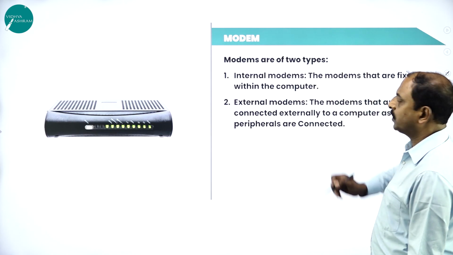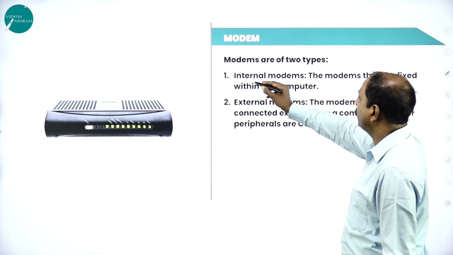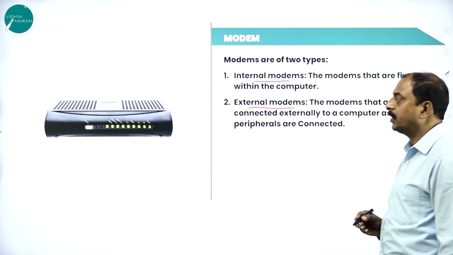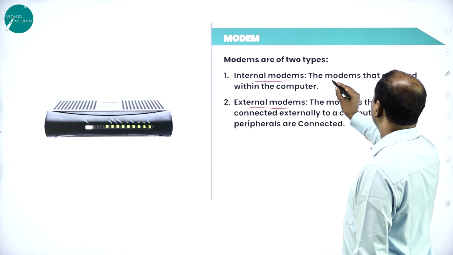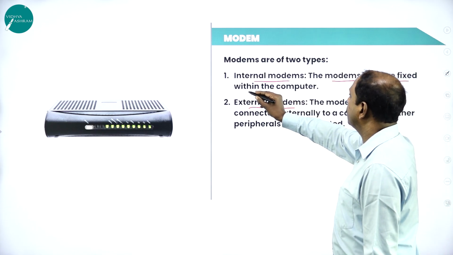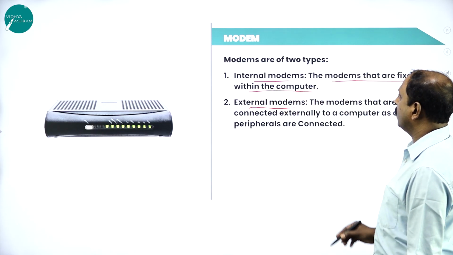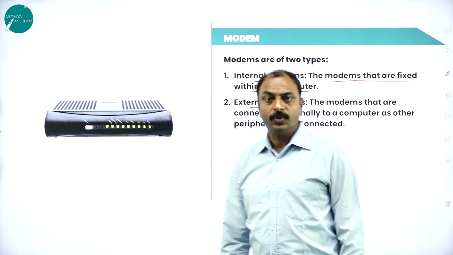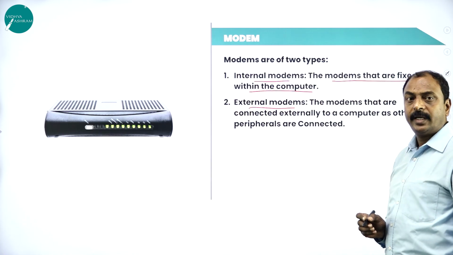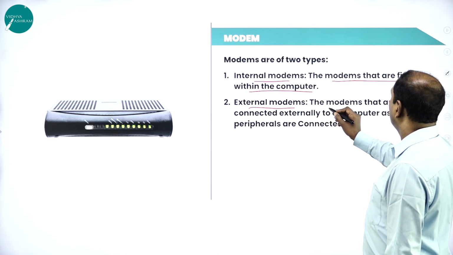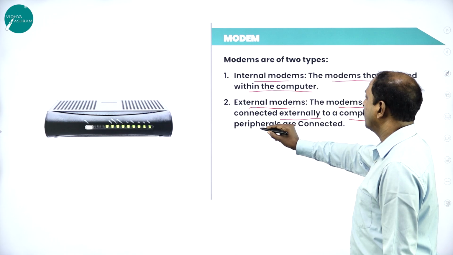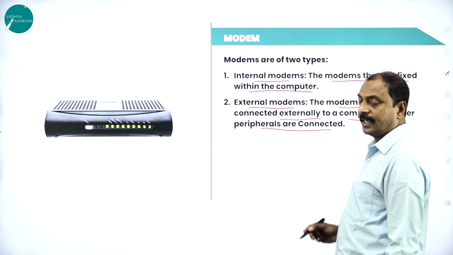There are two types of modem: internal modem and external modem. What is an internal modem? It is a modem fixed within the computer system, normally inside the CPU cabinet. An external modem is connected externally to the computer, like other peripherals.